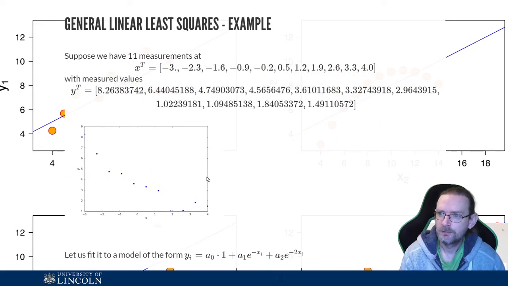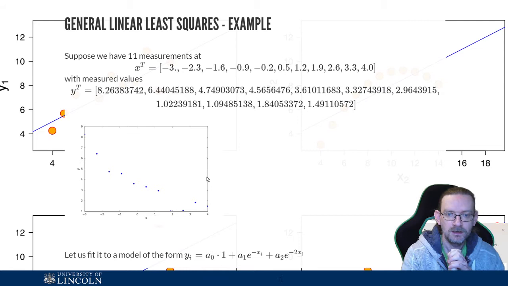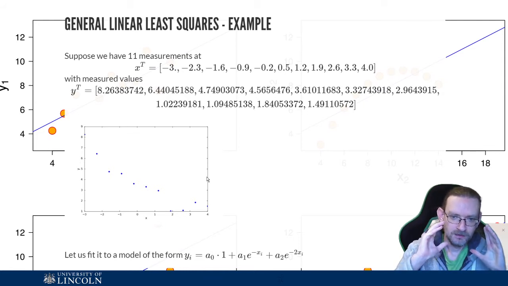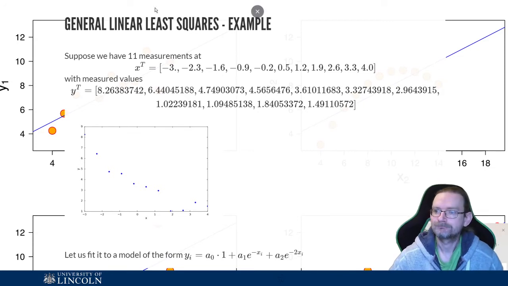So here's another example using a slightly different set of basis functions, just to show that they can be whatever you like, as long as they are defined functions only of the independent variable, and they're multiplied in a linear way by a parameter. So say we've got a load of data points. Here they are plotted on a graph.